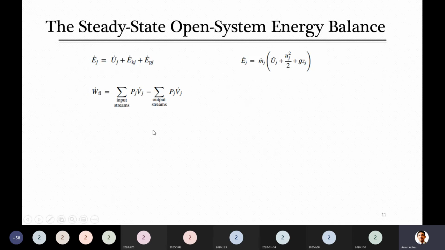But here, if there is more than one stream, then we will put the sum of input streams, all work getting in due to the flow, minus out. At this stage, any question? There is nothing, guys. It is what you just wrote, P in V in minus P out V out. So if there is more than one stream, we will just add them. Due to this, he has mentioned the summation here.